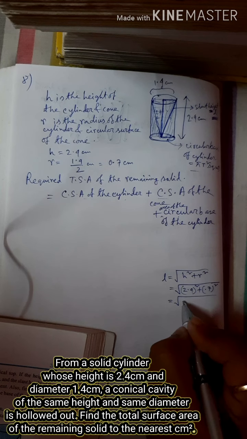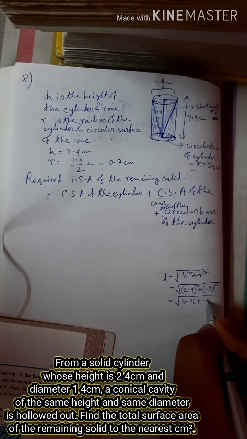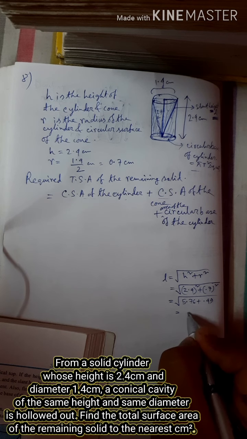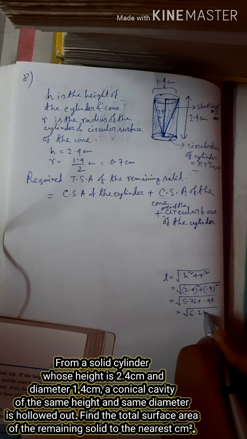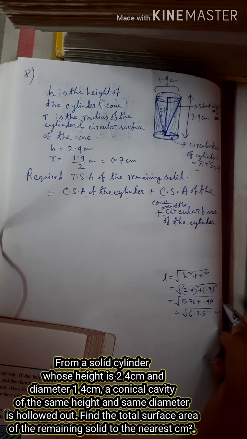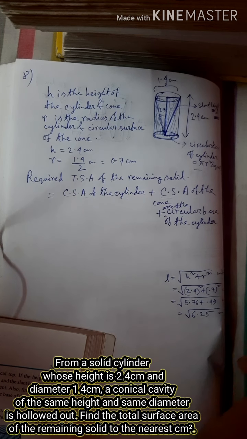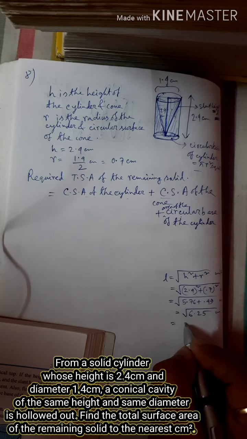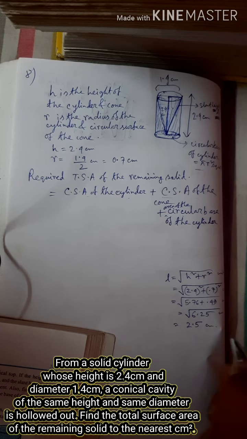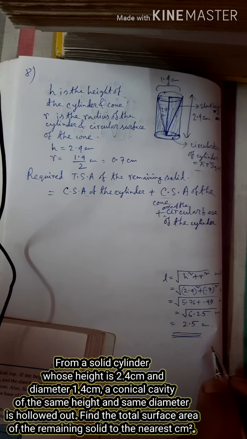This is 5.76 plus 0.49, that is root over 6.25 centimeter. So it will be 2.5 centimeter. So the value of L is 2.5 centimeter, right?